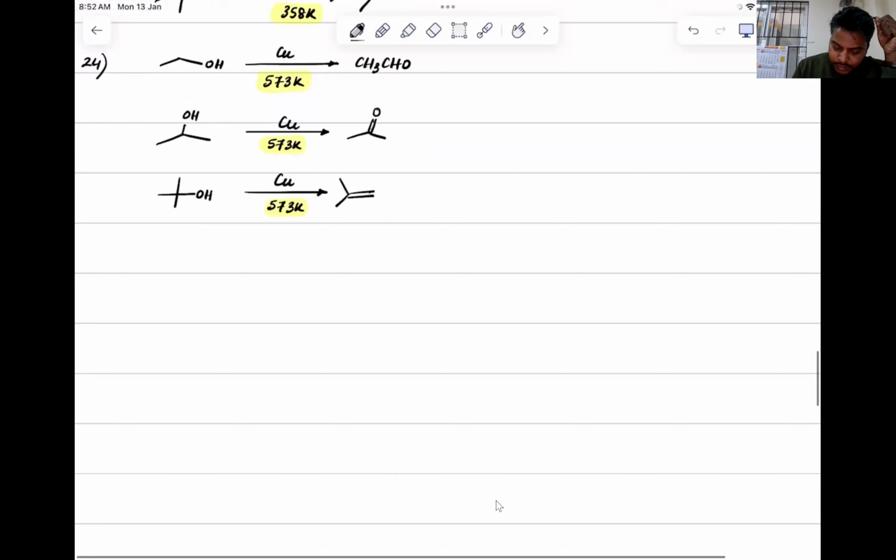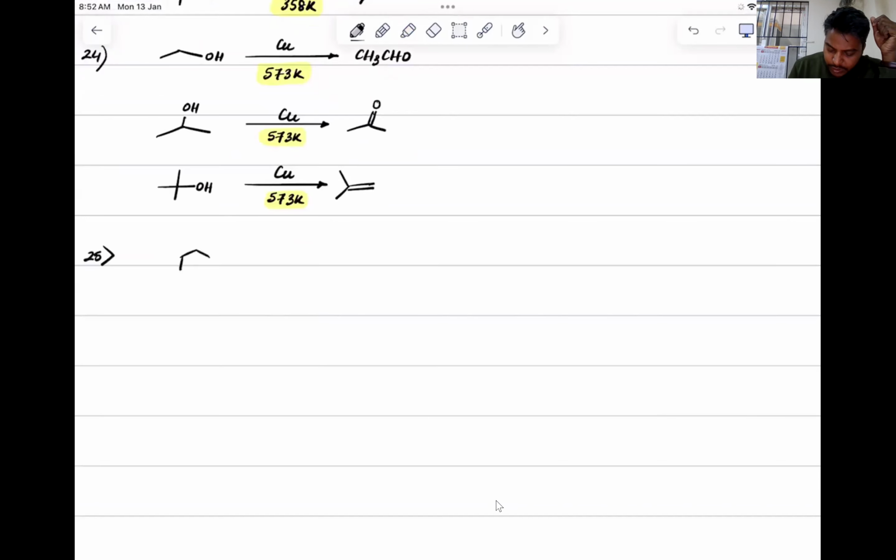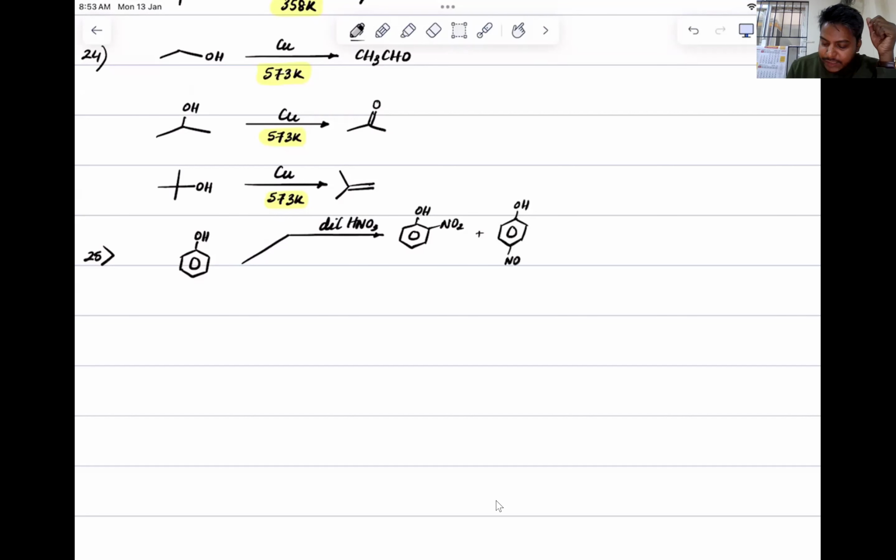Next, 25th, suppose phenol is given and the first reaction is given as dilute HNO3. For dilute HNO3, you take ortho and para product. Ortho NO2 and another one is para. See, although it is in NCERT, they have not specifically mentioned which is major.